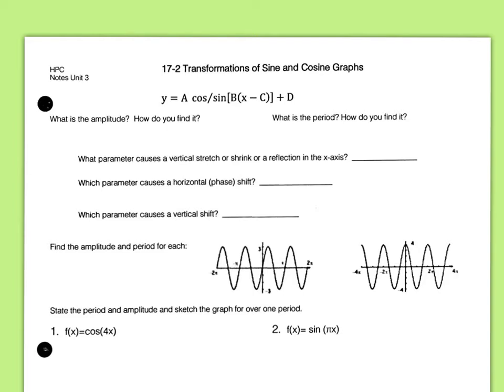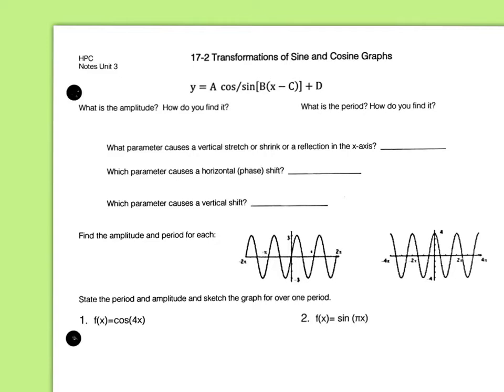So the amplitude is the first term. So the A, right? That's where your amplitude is. It's actually the absolute value of A because the negative sign would make it reflect. So we want to think about the amplitude as being a positive number. And you can find it by taking half of the max minus the min.